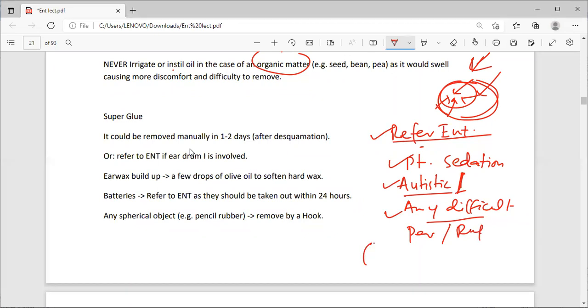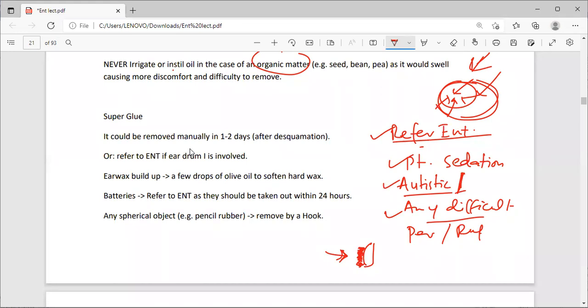Suppose the child has instilled some foreign body which is adhesive or in contact with the tympanic membrane, then you have to refer it to the ENT department. Okay, that's it. Now let's move further.